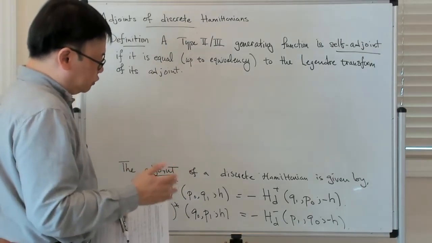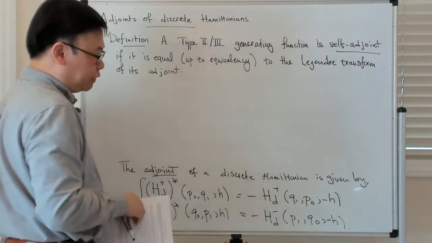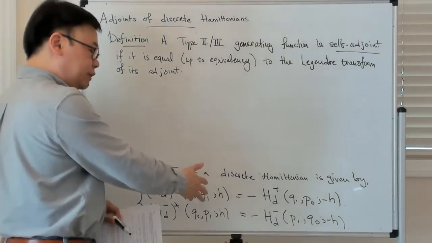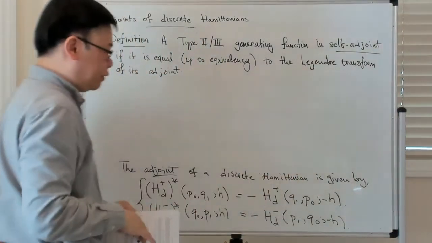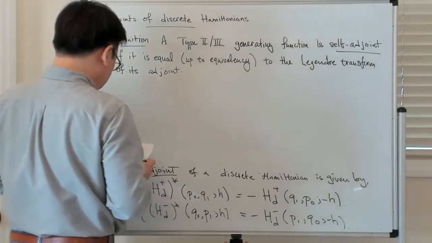So you can do two things. You can first take its adjoint, which switches the type of generating function which I'm working with, and then take the Legendre transform of the adjoint, and that switches back to the original type of generating function, which I can then compare with this HD. Okay, so that's basically what I want to do.